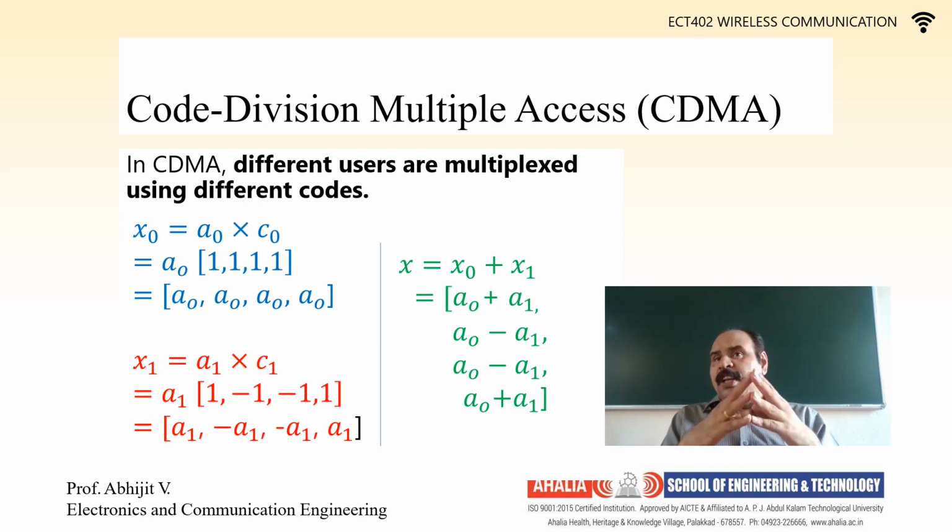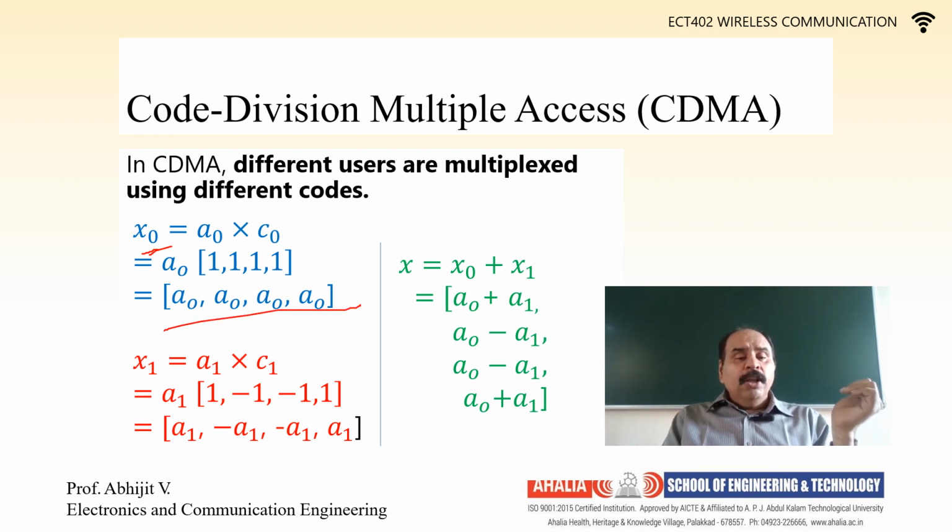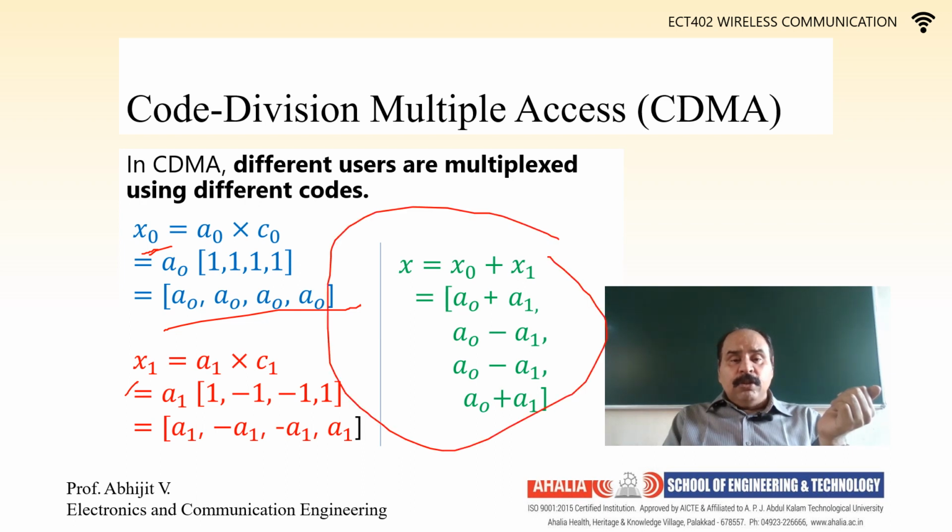So let us consider a case with these two users; similarly, we will do it for n number of users. According to what we have done so far, x naught is equal to A naught into C naught, which is a matrix of A naughts. Similarly, x1. I've used this convention to simplify your understanding: blue color for x naught, red for x1, and green for the combination of these signals.